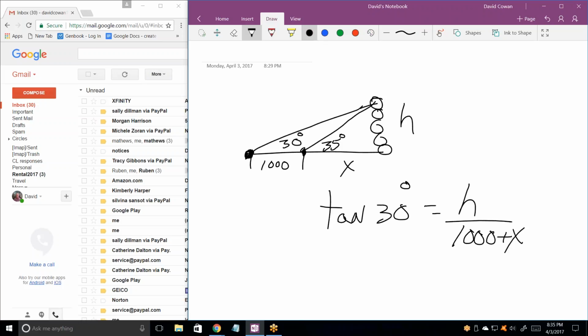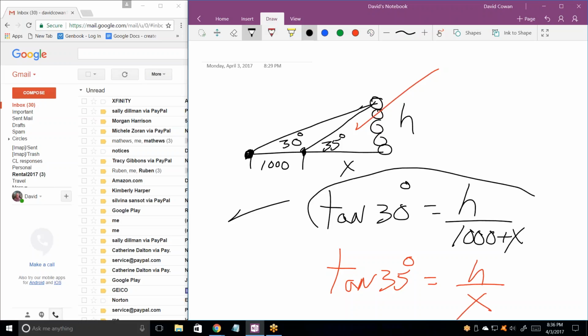Now look at this triangle and give me another equation that relates x and h. Tan of 35 equals h over x. Now notice that I cannot solve either one of these by themselves.